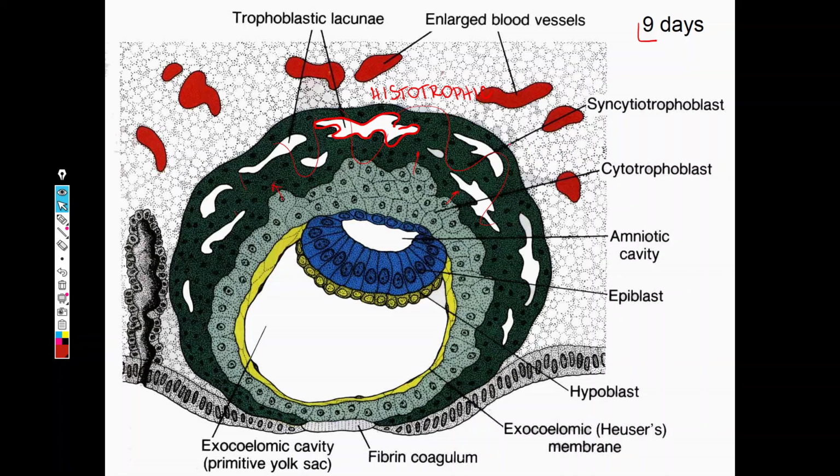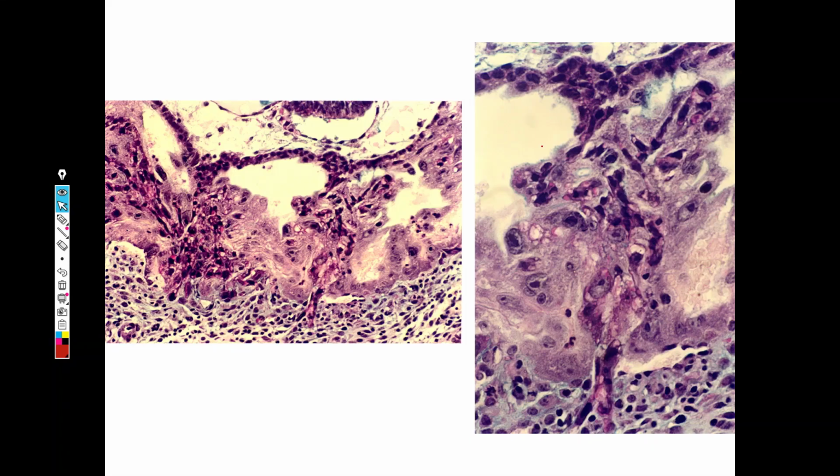And syncytial trophoblast starts to go and start to disrupt the capillaries, the wall of capillaries. So we're going to see it in the next stage. Here also, this is just a picture, normal histological picture. Hematoxylin eosin.